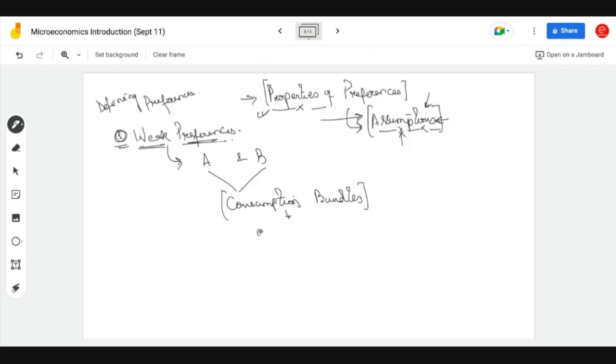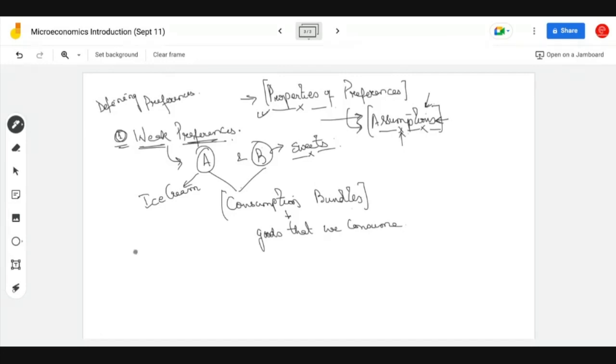Goods that we consume. So we have two kinds of consumption bundles. Since we have been using ice cream and sweets, let's again use them.